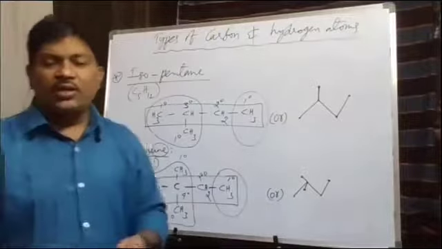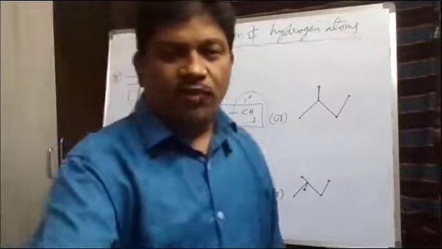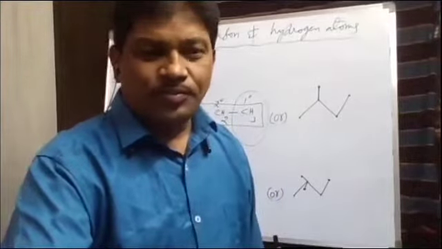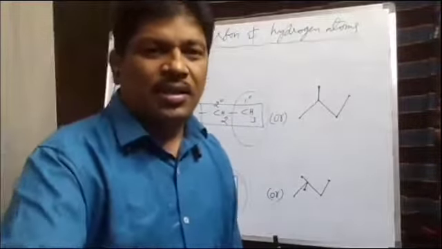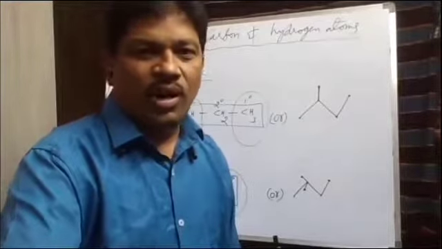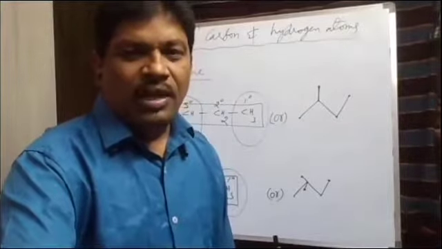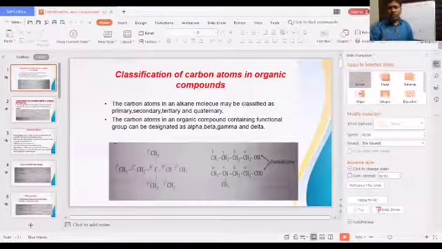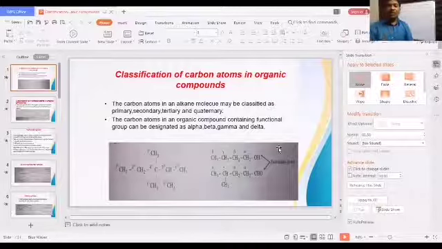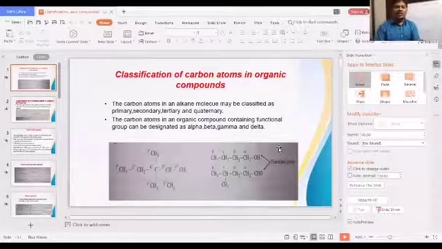And sometimes we can also classify the carbon atoms as alpha carbons, beta carbons, gamma carbons, and delta carbon atoms. Okay, alpha, beta, gamma, delta. So for alpha carbons, sometimes there will be functional groups present in the given structure. When there are functional groups, the functional group attaches to one of the carbons, right?